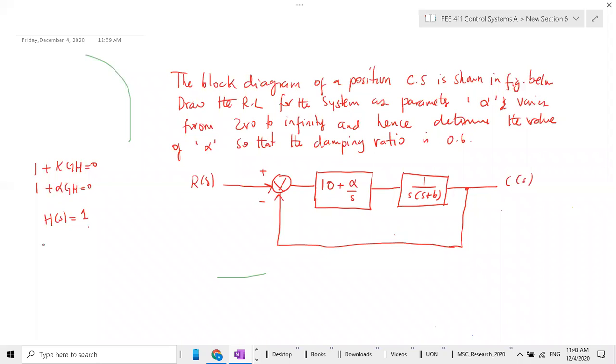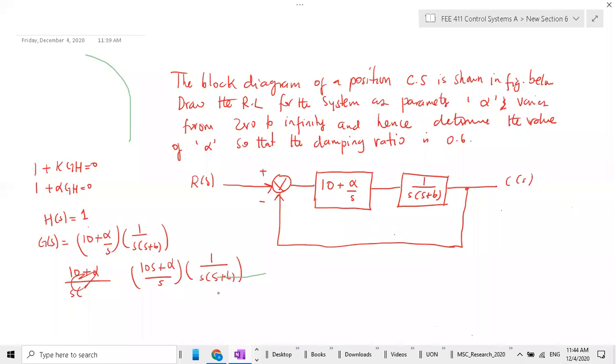So your G of S is multiplied by, so you'll have 10S alpha over S squared (S plus 6). So this is our GH.